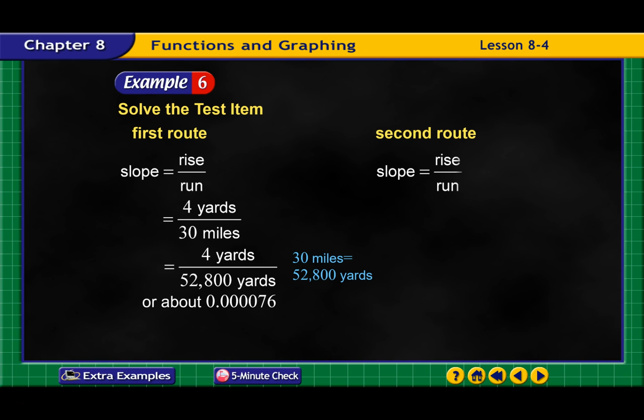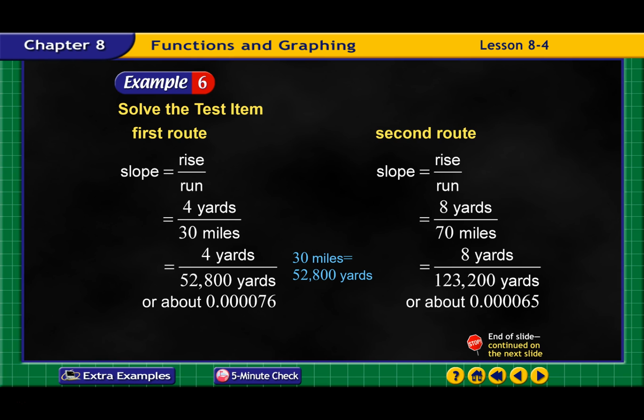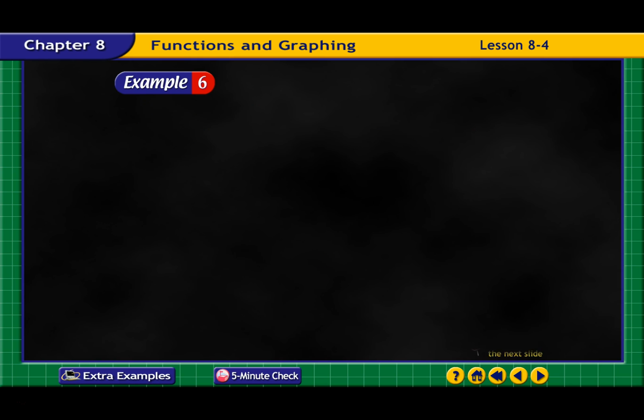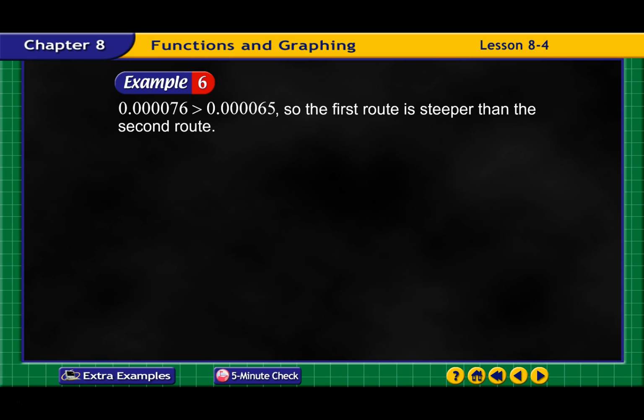And for the second route, you're going to use your calculator, by the way: rise over run, 8 yards over 70 miles, where 70 miles would be 5,280 feet per mile, or let's say miles to yards. Multiply that out and divide those together. Lots of calculator work. So 0.76 is bigger than 0.00065, so the first route is steeper than the second route.